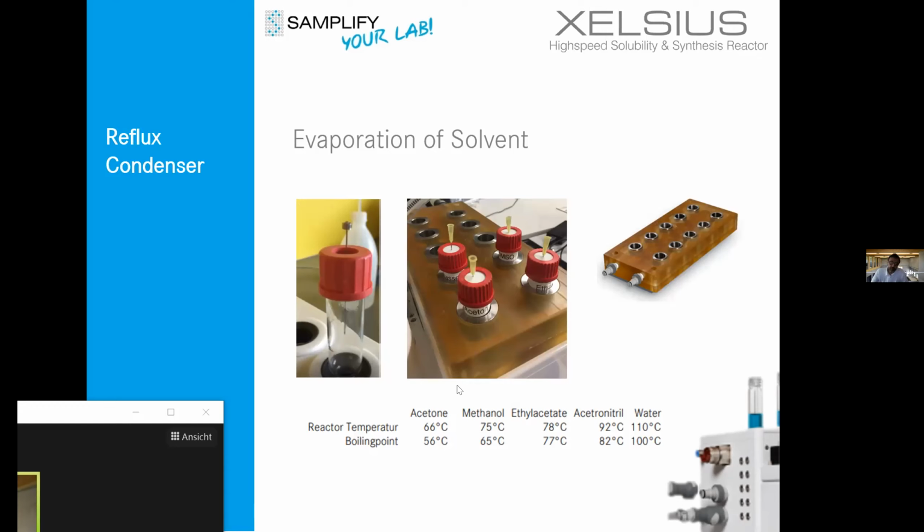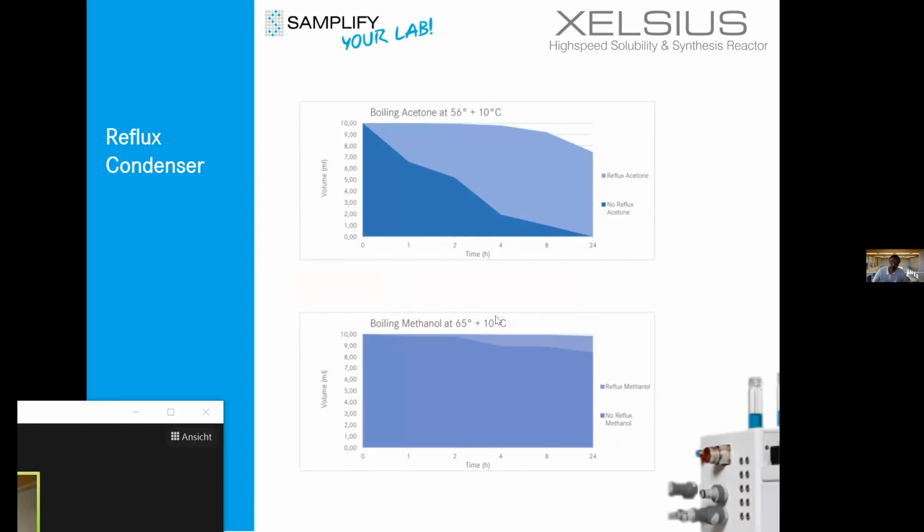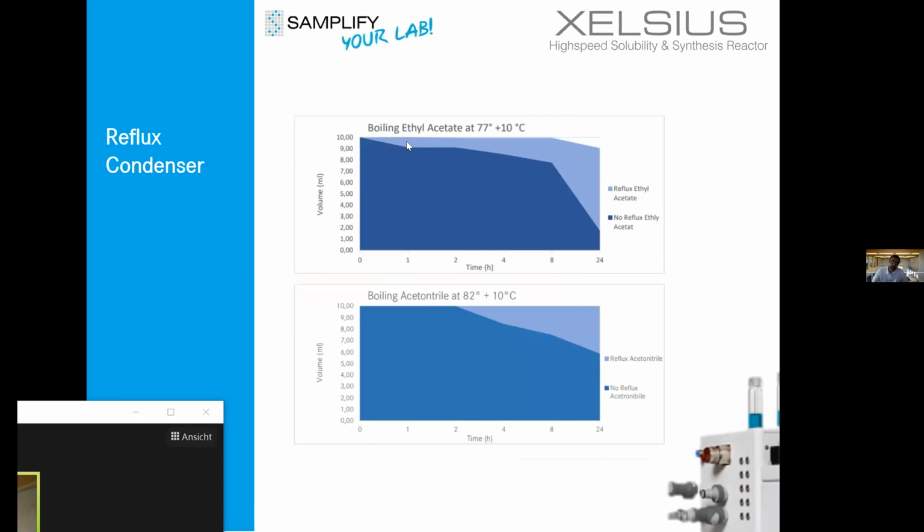For this, we checked a couple of different solvents, and we boiled them for 24 hours, one with a reflux condenser shown here on the right side, and one without a reflux condenser. And to make sure that some solvent could evaporate, we put a syringe in, so that the system is still open. And here you can see the results, maybe here for ethyl acetate.